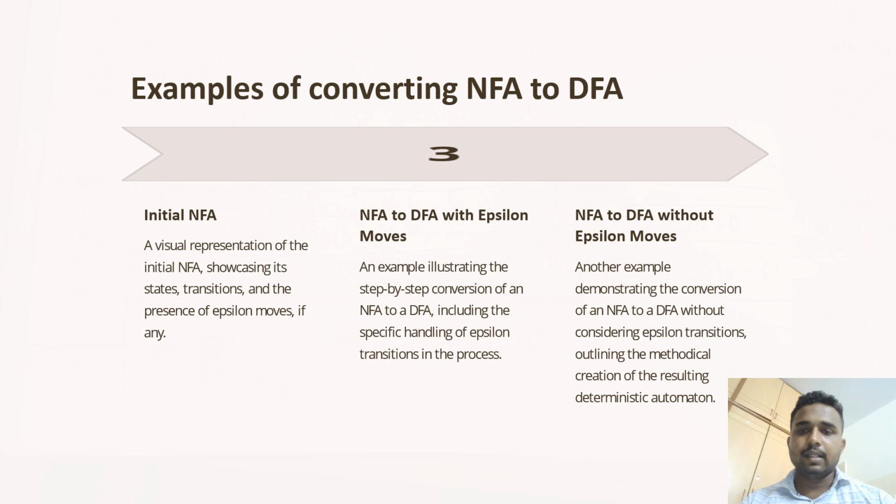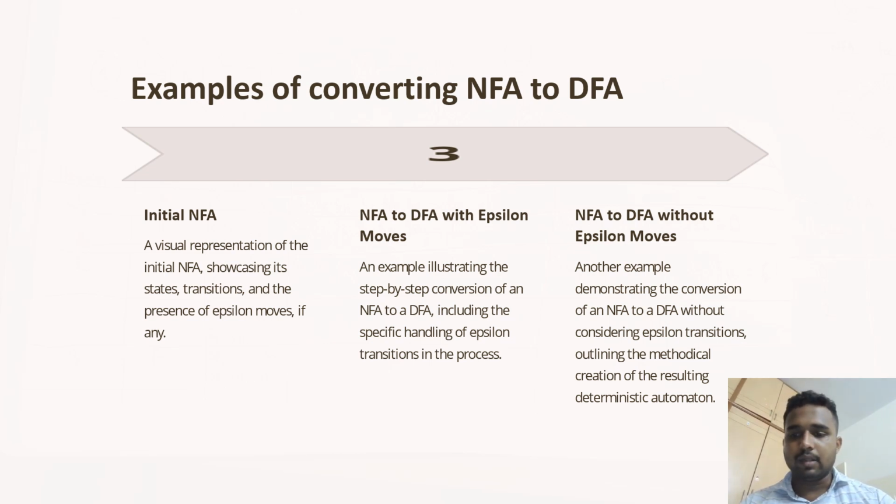Examples of converting NFA to DFA. Initial NFA: a visual representation of the initial NFA showcasing its states, transitions, and the presence of epsilon moves, if any. NFA to DFA with epsilon moves: an example illustrating the step-by-step conversion of an NFA to a DFA, including the specific handling of the epsilon transitions in the process.